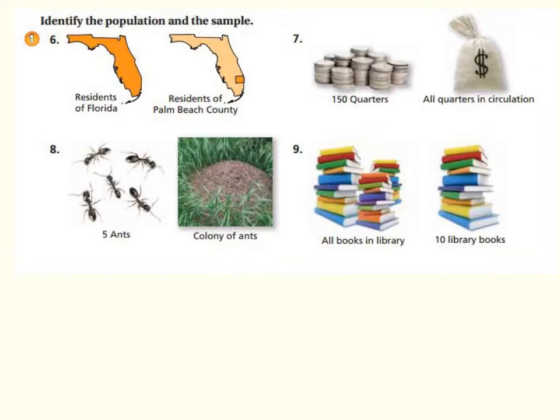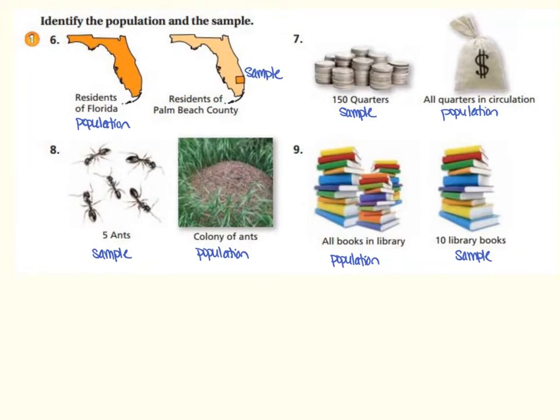However, the second image only shows you a portion of that. So this one right here is going to be your population because it's everything. But over here we've got the sample because it's a part of the population. Try to do 7, 8, and 9 all by yourself. So in order to do that, go ahead and pause your video, then press resume play to get your answers.